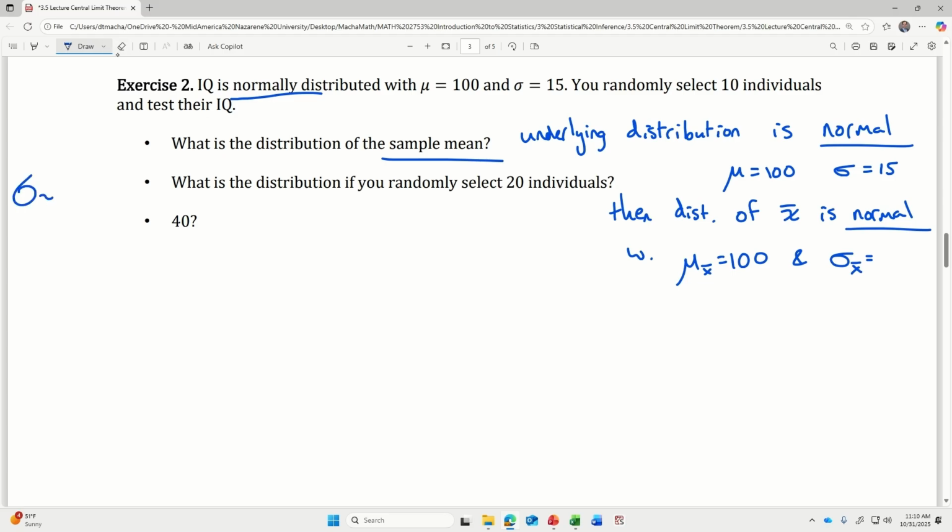And my formula says the standard deviation for the distribution of the sample mean is the standard deviation of the underlying distribution, which is 15 in this case, divided by the square root of the sample size. In this case, the sample size is 10. So I divide by the square root of 10. And this standard deviation is then going to be 4.743.